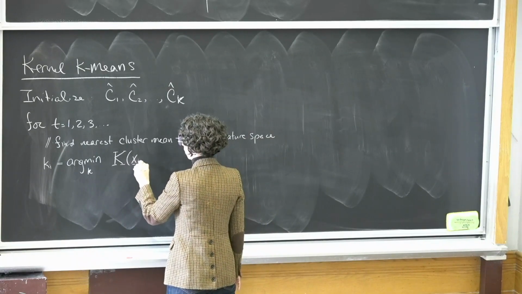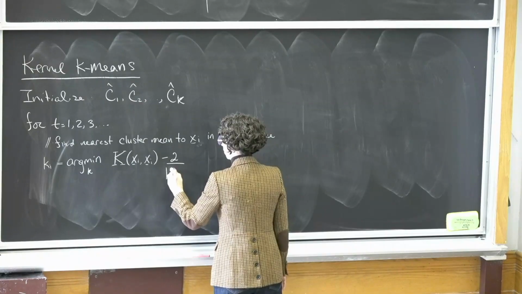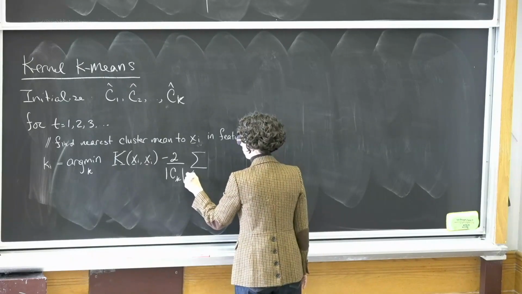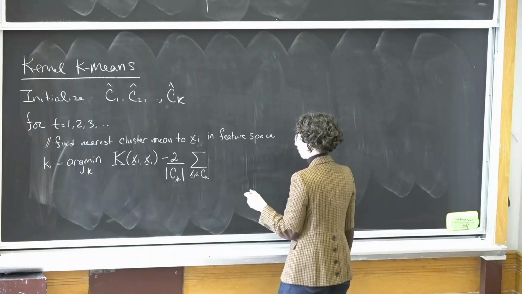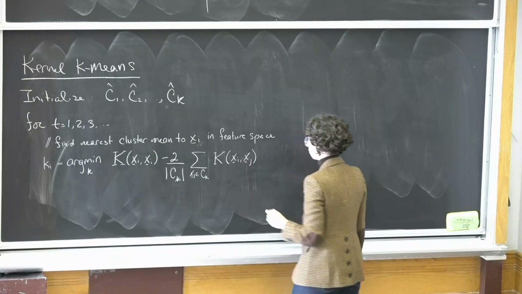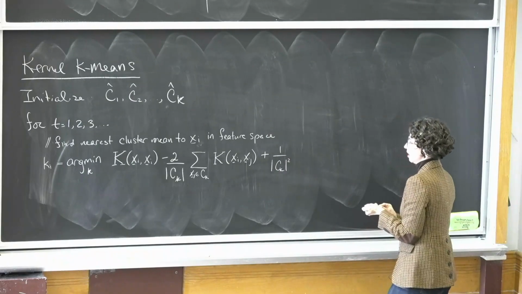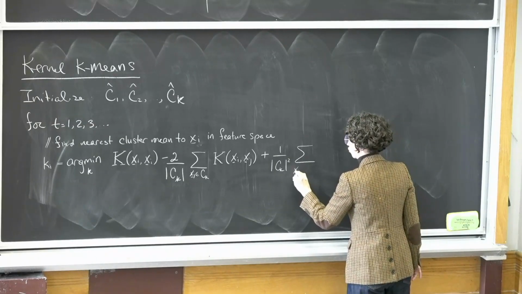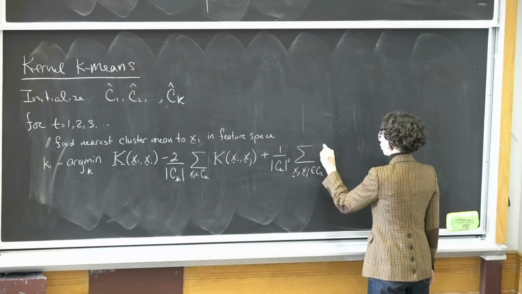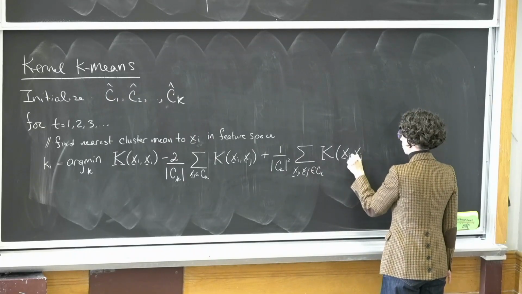So I'm going to have my kernel function applied to xi and xi, minus 2 over the size of cluster K times the sum over all samples xj that are in that same cluster K of my kernel function applied to xi and xj, plus 1 over the size of cluster K squared times this double sum over xj and xj prime in cluster K of my kernel function applied to xj and xj prime.